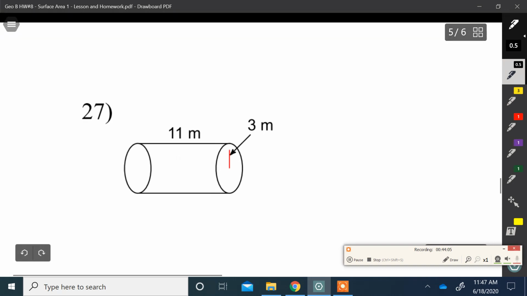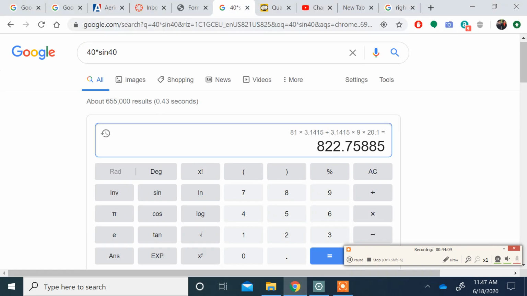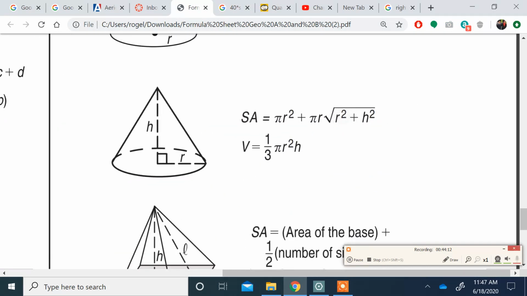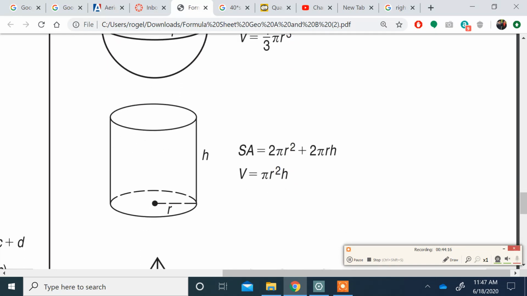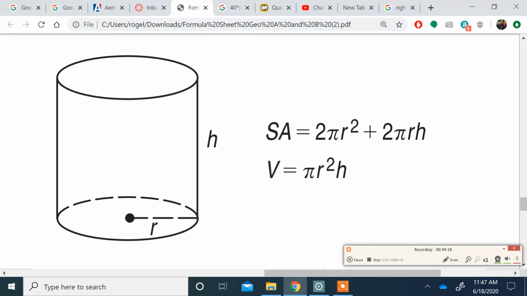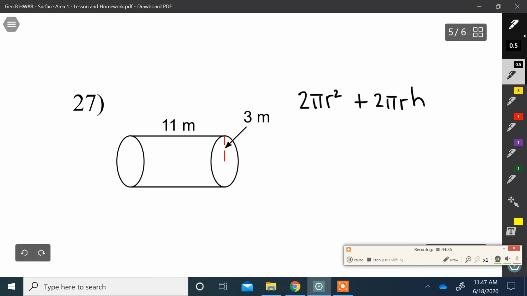We also have a formula for this one, for a cylinder. If you look at your formula sheet, it's right there. It's very easy, guys. It's 2 pi r squared. Let me actually write it down. 2 pi r squared plus 2 pi r h.